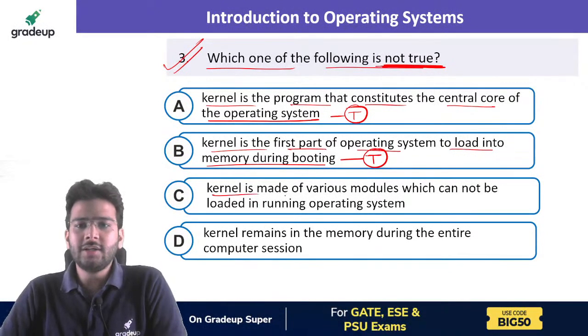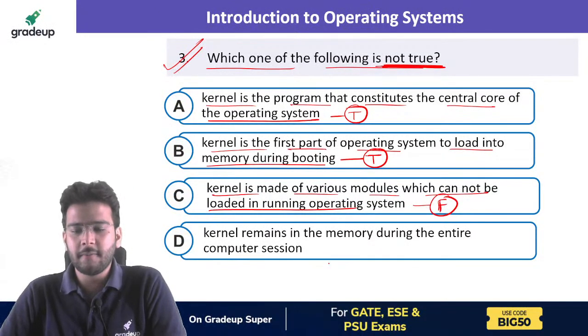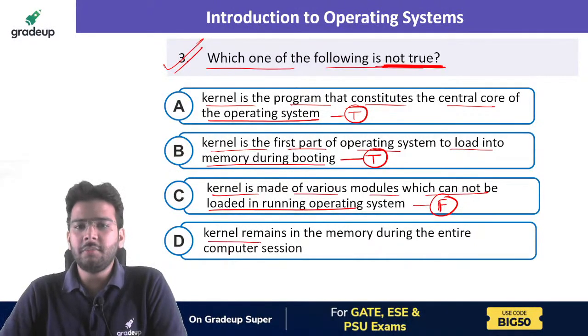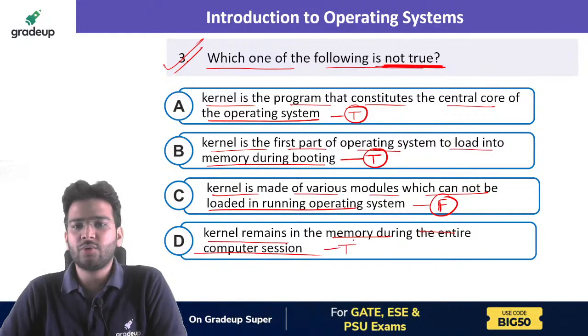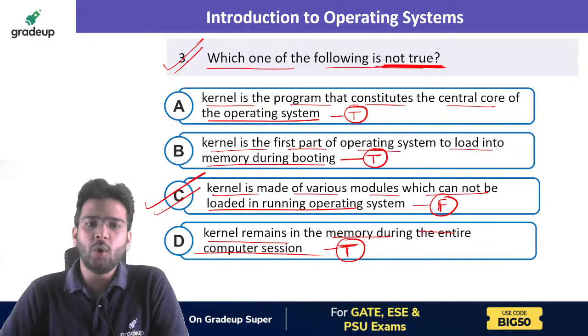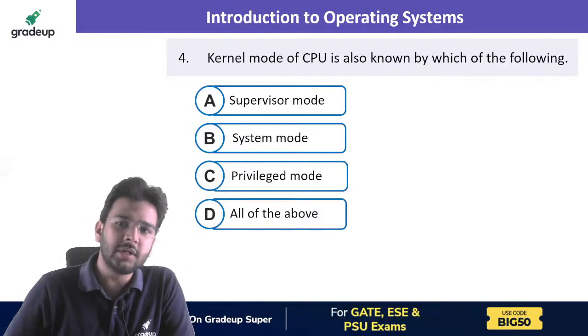Option C: kernel is made of various modules which cannot be loaded in a running operating system. This is false, an incorrect statement. Option D: kernel remains in the memory during the entire computer session. Yes, this is also true. So option C is the only incorrect statement present here.